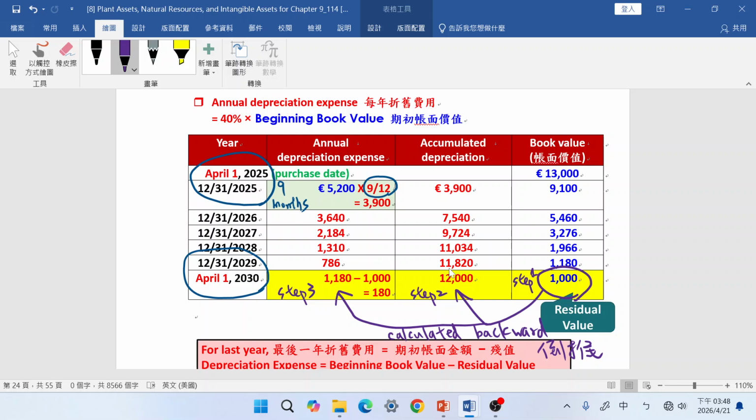If you finish, you can double check the answers right here on your page 29. Don't forget the third method, declining balance method, 余额递减法. Pay attention to the last year, because when you use the formulas, you cannot get the residual value. You will find out the last number will not be the residual value. So for this method, be careful. For the last year, always calculate the number backward, okay?